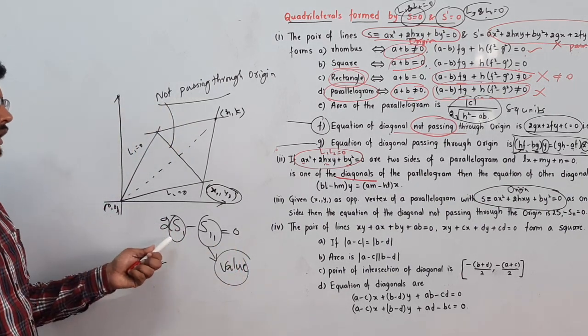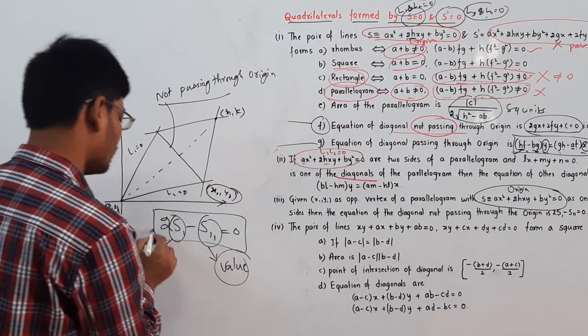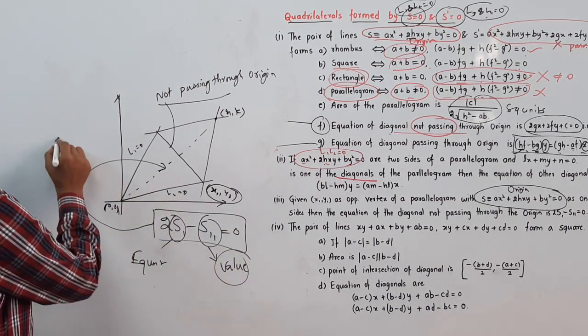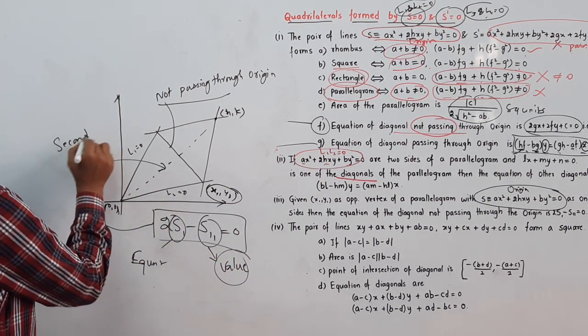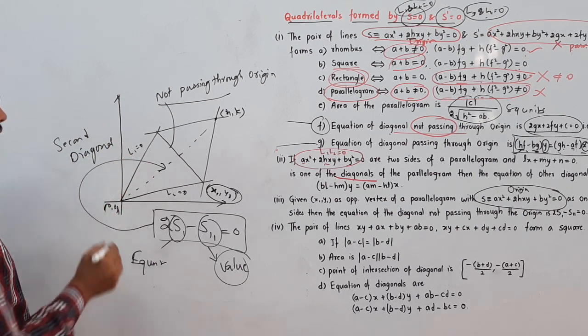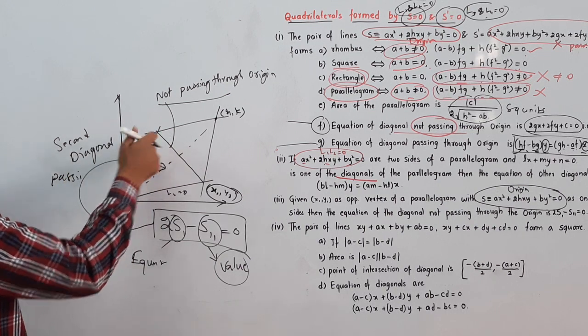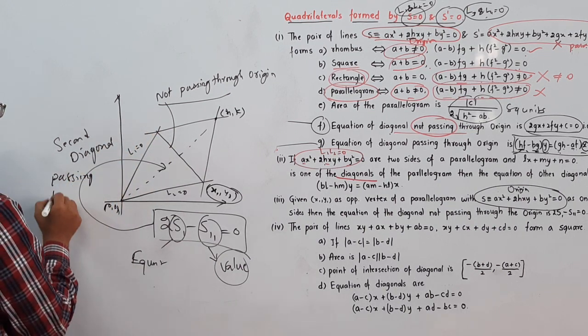S1 is the equation, 2 into S1 minus S11 is equal to 0. This is the condition to find the second diagonal which is not passing through the origin. This one is not passing through the origin, and this one is passing through the origin.